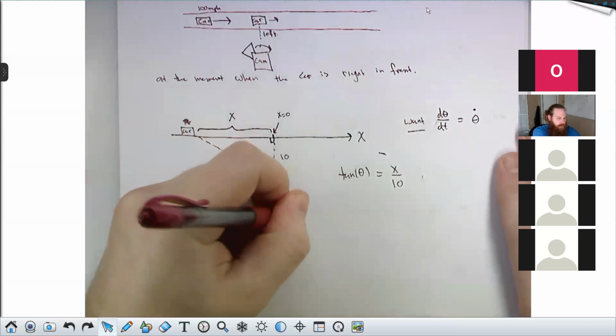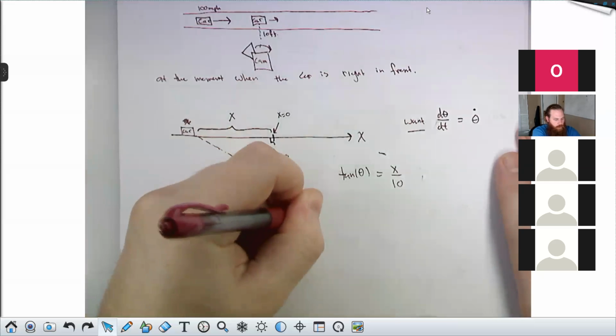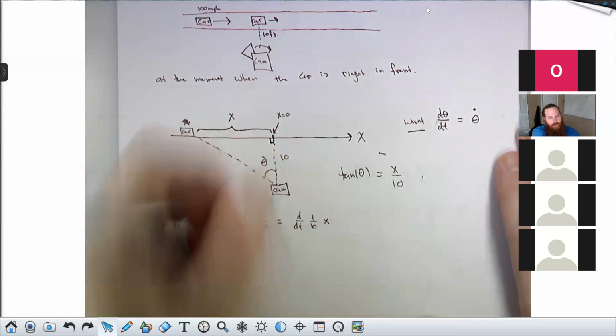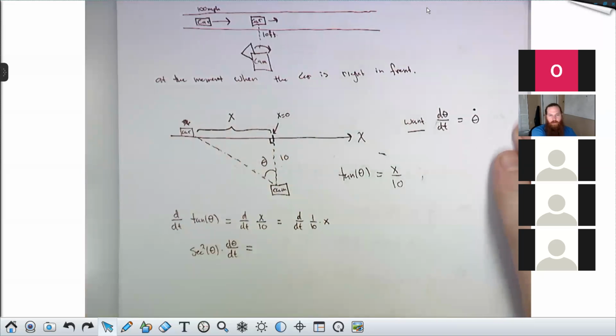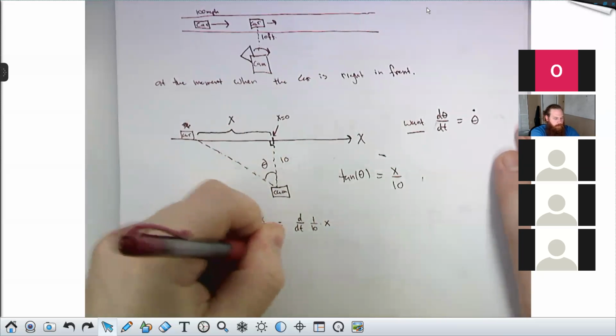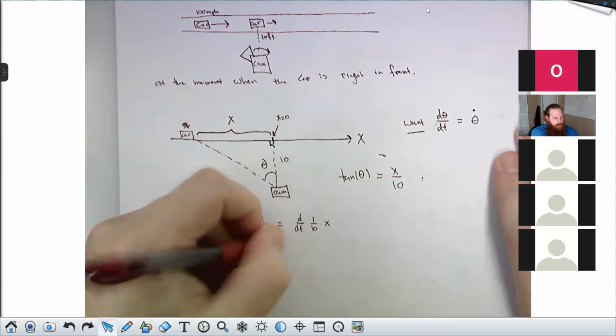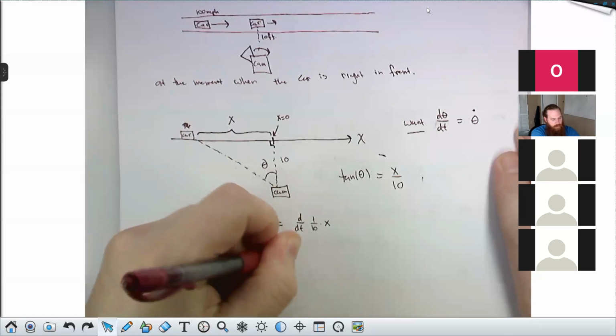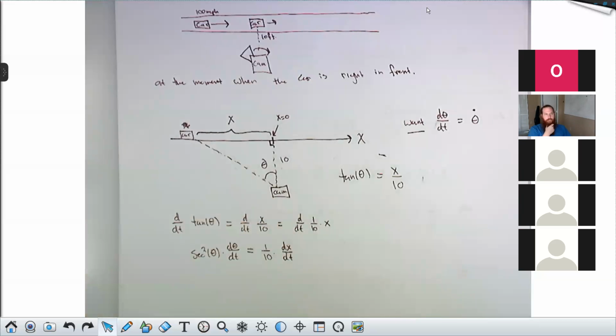Yeah, this is the same as d dt of 1/10 x, and the 1/10 is a constant. So there's no need to use any sort of quotient rule. The constant multiple 1/10 will pop out, and then d dt of x is dx dt. Nifty, right? If you wanted to use the quotient rule, you could. It's just going to be kind of sloppy looking. And of course, it would take longer.